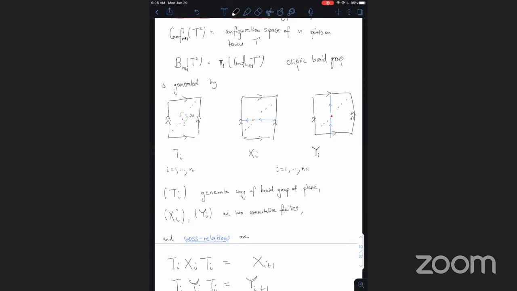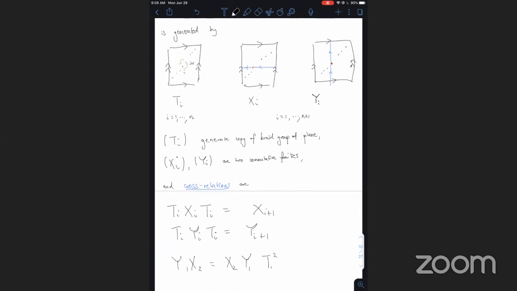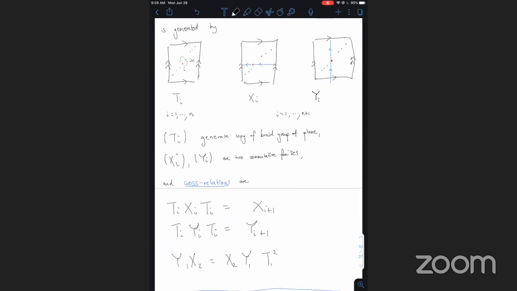And the relations can be described in the following way. As we said, the T_i's generate a copy of the braid group of the plane, as is topologically obvious. And also fairly clearly, the x_i's commute among themselves, as do the y_i's. You can easily draw some pictures to convince yourself of the following cross relations among the generators.